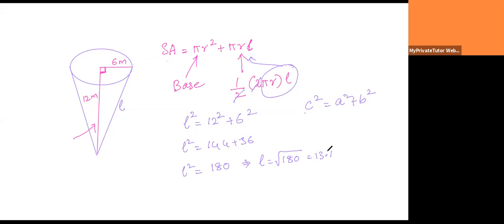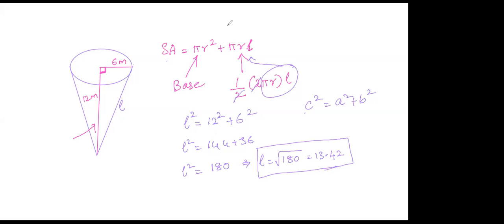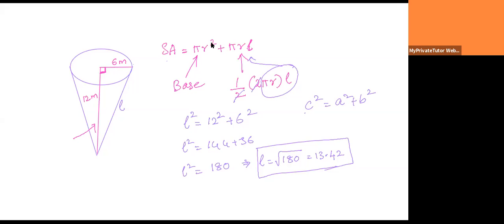The square root of 180 is 13.41. You need to round to 2 decimal places. And then you need to substitute the L value and find the answer.